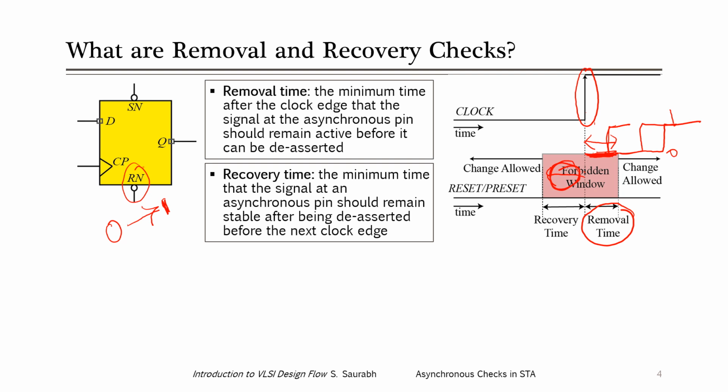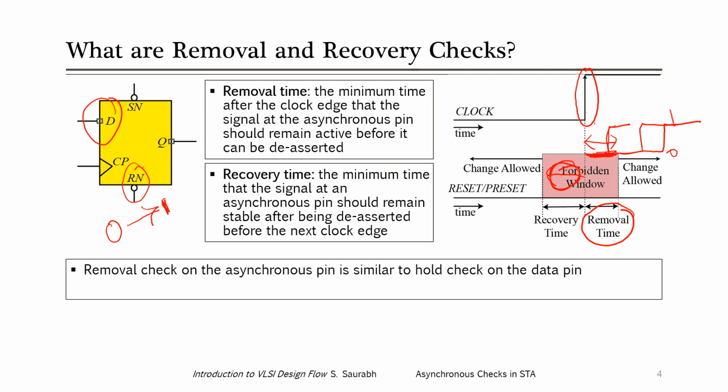Now you can see that if you look into the setup and hold time requirement of the D pin, the removal and recovery are similar to that. The removal check on the asynchronous pin is similar to the hold check on the data pin. Why is it the same? Because it appears after the clock edge.